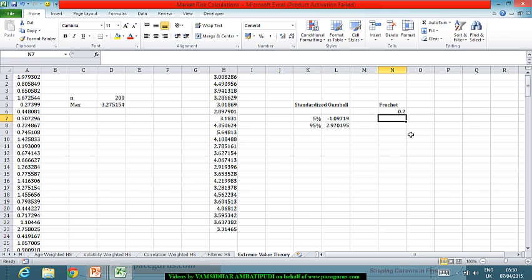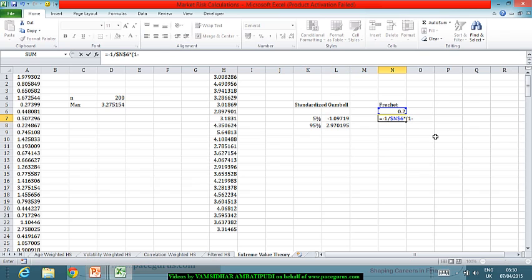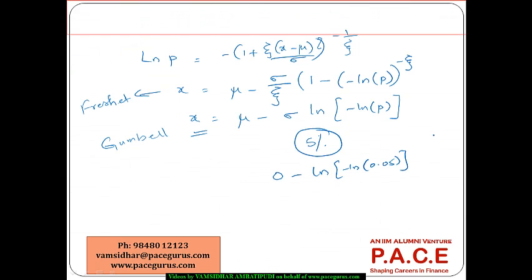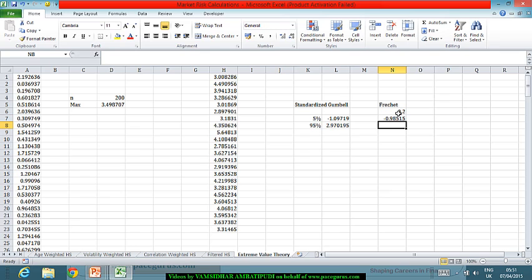Mu is not existing, so minus sigma by zeta times (1 minus (minus log p) to the power of minus zeta) works out to minus 0.98.